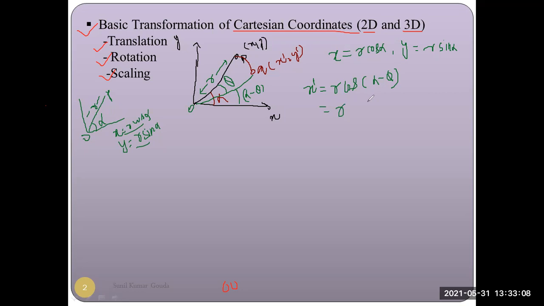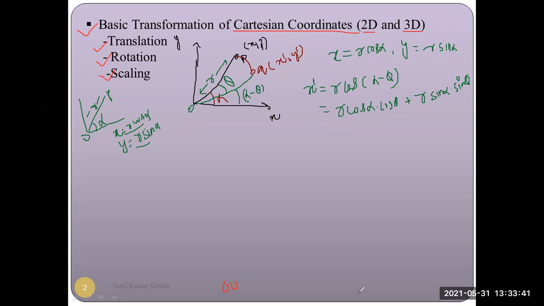It will be r cos alpha into r cos theta plus r sin alpha into sin theta. So this is an expansion of r cos of alpha minus theta.